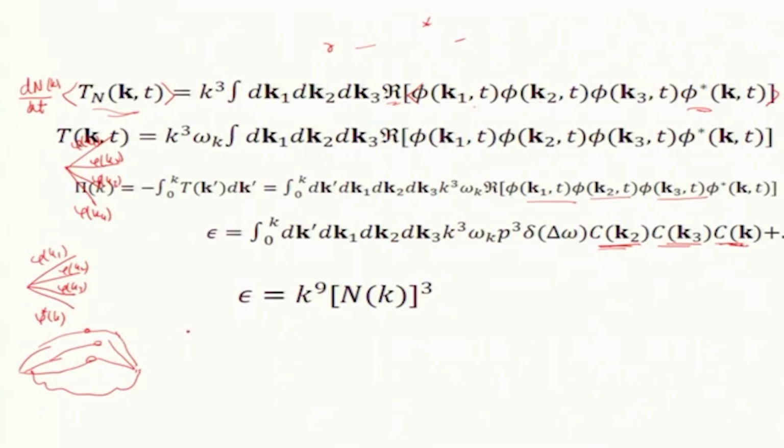And this delta omega is the frequency which is coming from omega, this is going to be omega k1 plus omega k2 plus omega k3 minus omega k. So, this will be minus omega k. So, that is delta omega. These 3 correlation functions are coming from this first order perturbation.